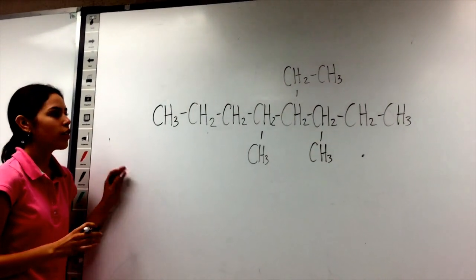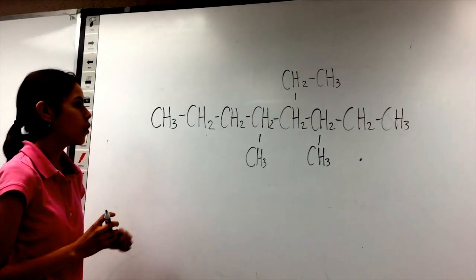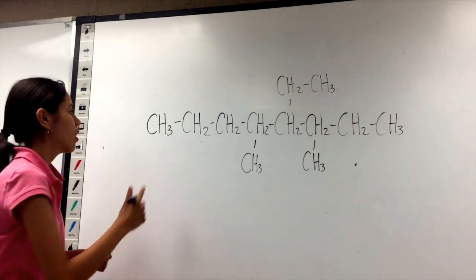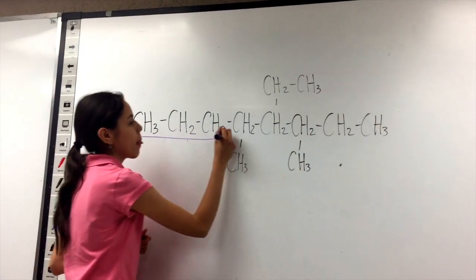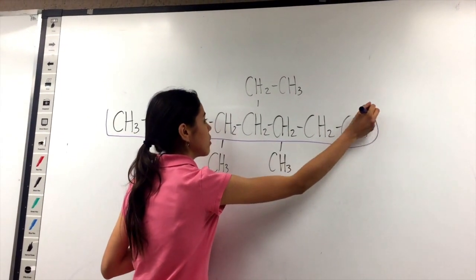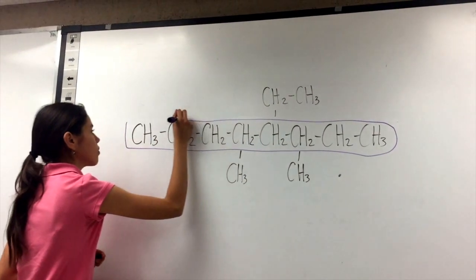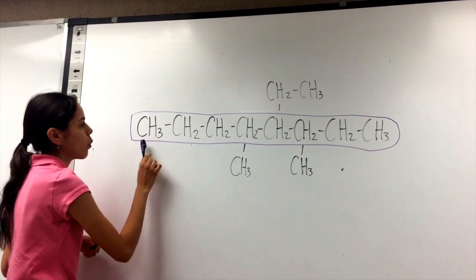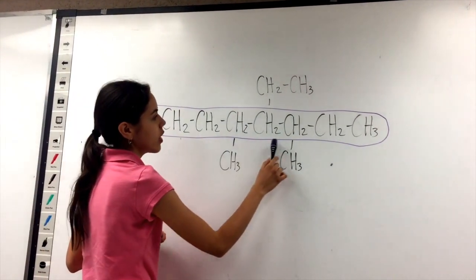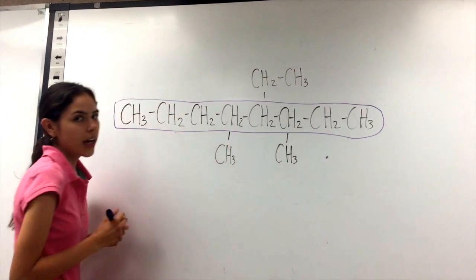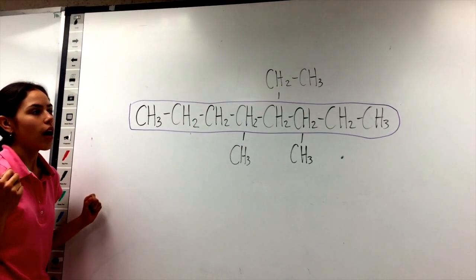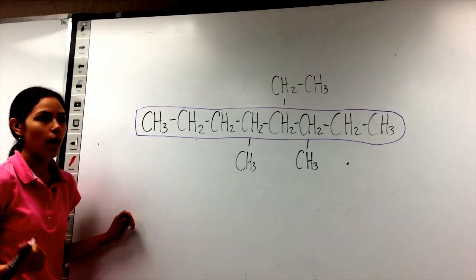The first step for naming this alkane is to find the longest chain, which will be this one. Here we have 1, 2, 3, 4, 5, 6, 7, 8 carbons. Now, the second step will be to number them.